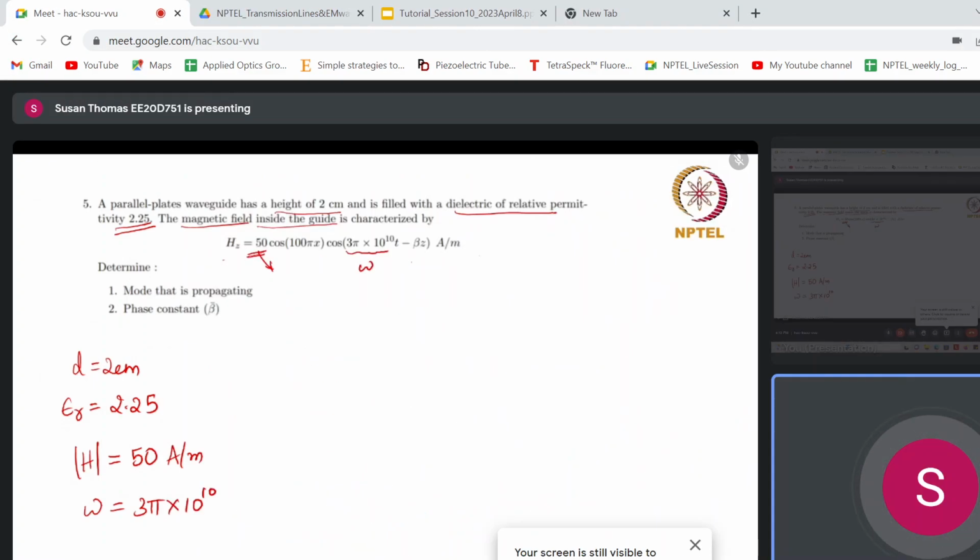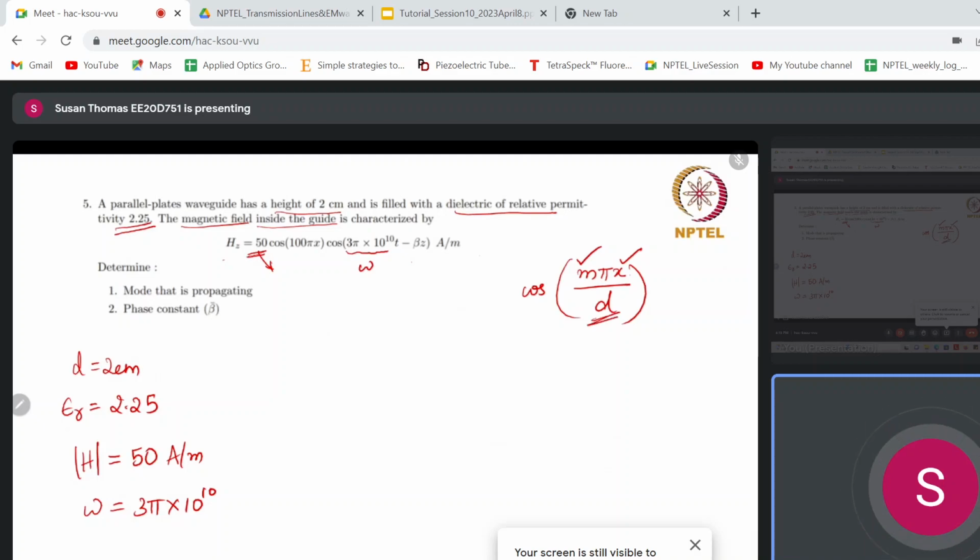Generally the magnetic or electric field expressions are of the form cos of m pi x by d, where m is the mode number, x is the specific location along the x direction, and d is the plate separation.